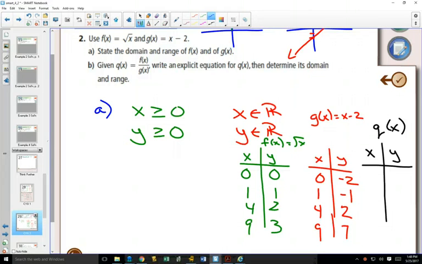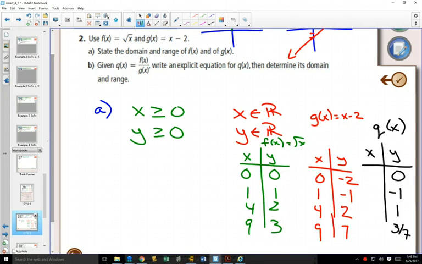So if I took the green one divided by the red one, 0 divided by negative 2 is 0. 1 divided by negative 1 is negative 1. 2 divided by 2 is going to be 1. And 3 divided by 7 is 3/7.